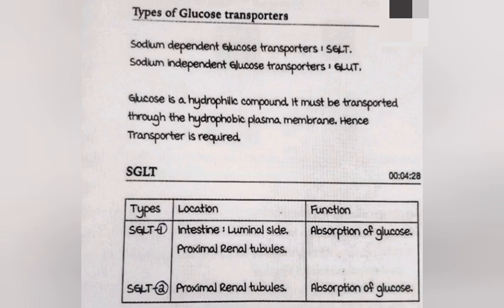We all know the oral hypoglycemic drugs called SGLT2 inhibitors, like gliflozins, which act by inhibiting these channels, preventing the reabsorption of glucose in the proximal convoluted tubule and promoting the excretion of glucose.